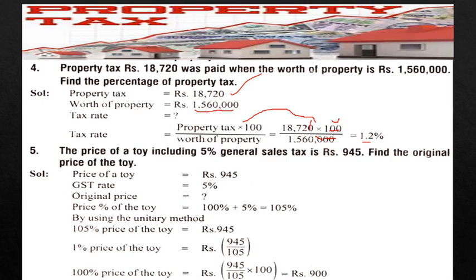By using unitary method, 105% price of the toy is this. 1% when we will divide the amount by 105. 100% price of a toy, that is 945 divided by 105 multiply 100, and after simplification we will get this amount.